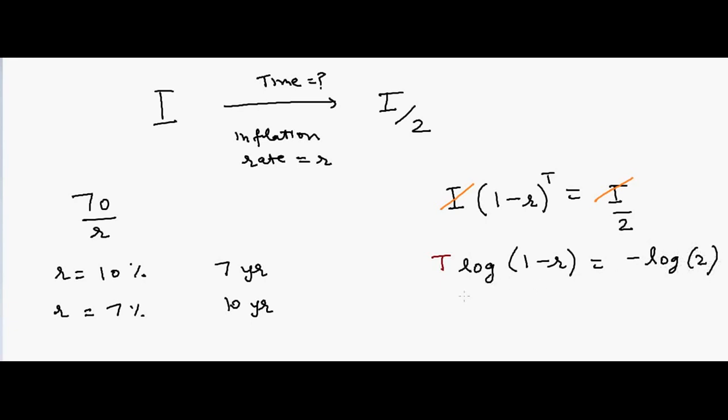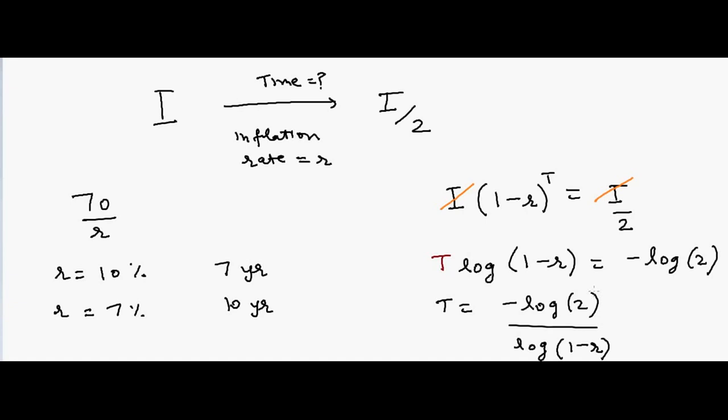So t will be equal to minus log of 2 divided by log of (1 - r), right? So instead of doing this complicated calculation, we can use this trick. But let's do this complicated calculation in Excel and see how this trick was made.